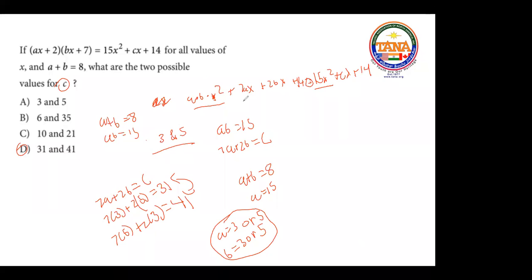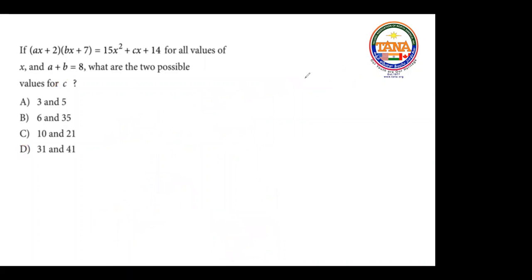We get that from up here, equals cx. Once you plug it in, you get 31 and 41. Any questions still? Anyone? No? All right, move on then.